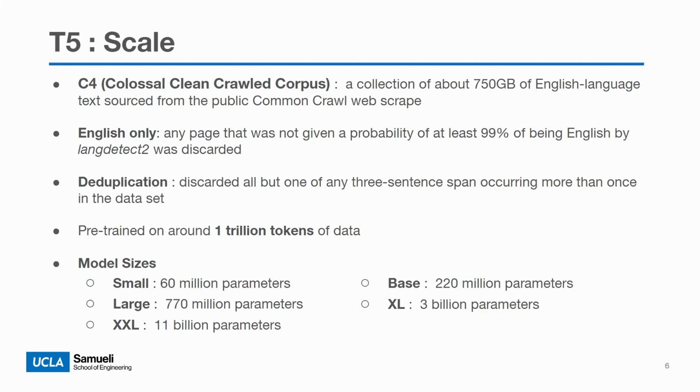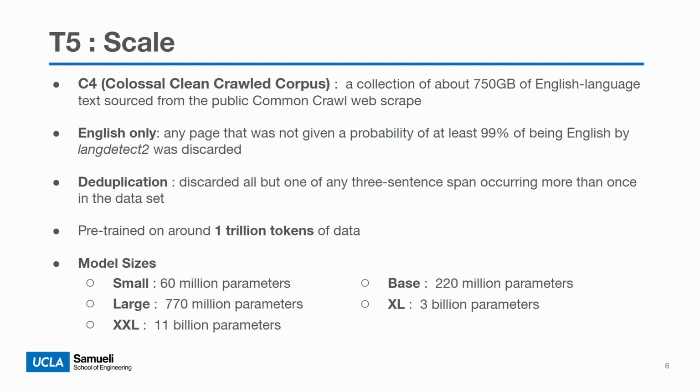Moving on to the data set, which is one of the key important features of T5, which is the scale. For this, they used the Common Crawl web scrape dataset, approximately 20 terabytes in size for the month of April.